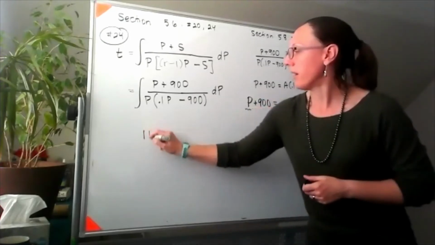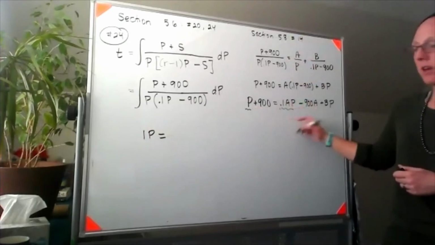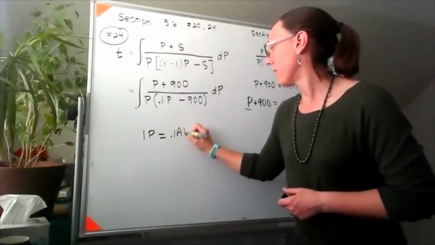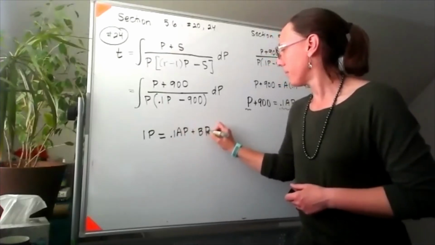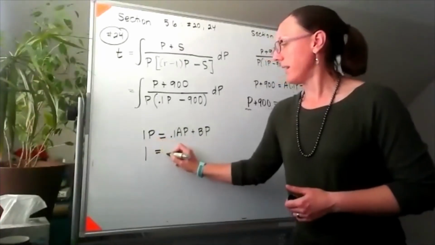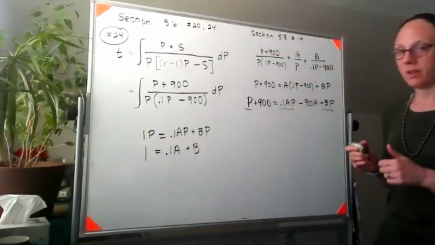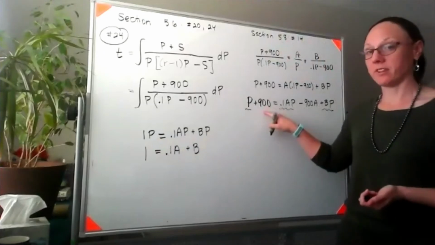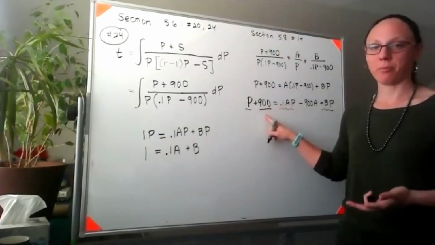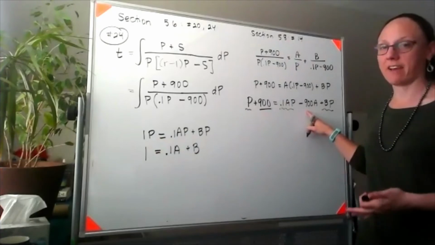So that 1P has to equal 0.1 AP plus BP. Or if I don't worry about the P's, that says 1 is equal to 0.1A plus B. The other part that I have on the left-hand side is this 900. Since that 900 doesn't have a P attached to it, this has to match up with anything on the right-hand side that doesn't have a P attached to it.